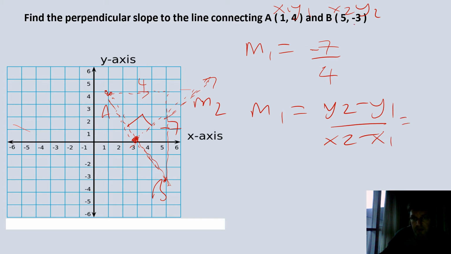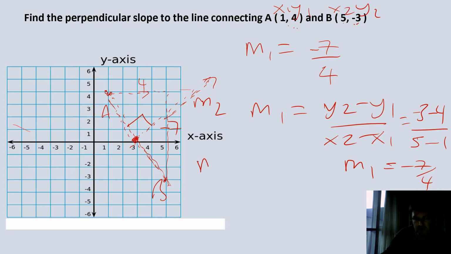You'll see here you'll get -3 take away 4. So that's where your minus 7 comes from, -7, and here you've got your 5 minus your 1. So your x values on the bottom, 5 minus 1, and you'll see that's where the 4 comes out.